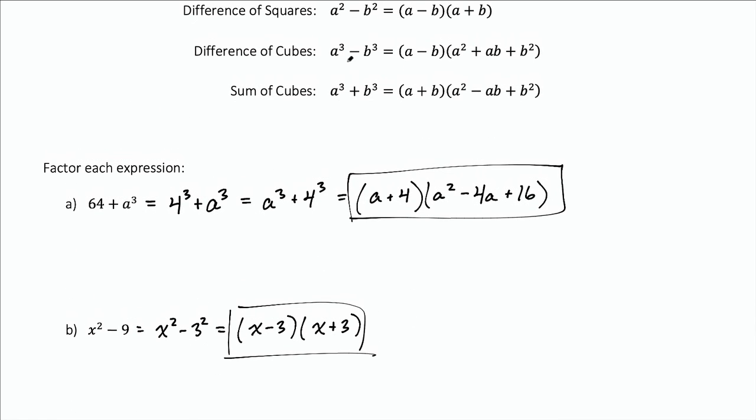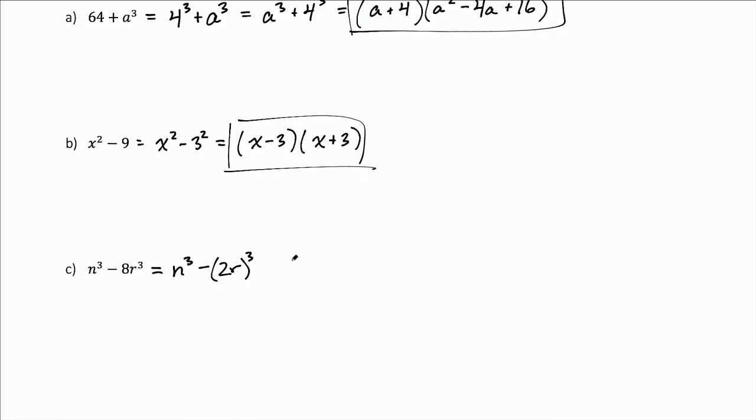So looking at our formula, there's our difference of cubes formula. Let me write it out right here so that we've got it. a cubed minus b cubed is equal to a minus b times a squared plus ab plus b squared. And well, now a is n and b is 2r.